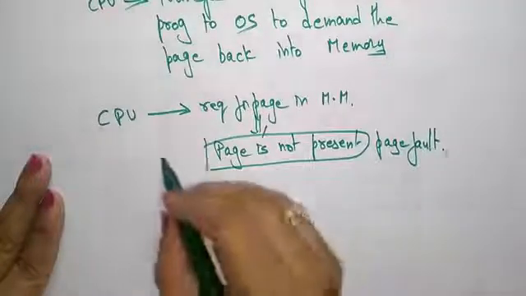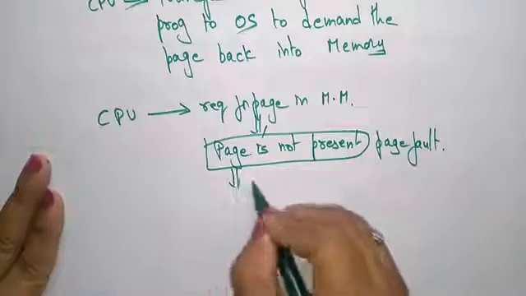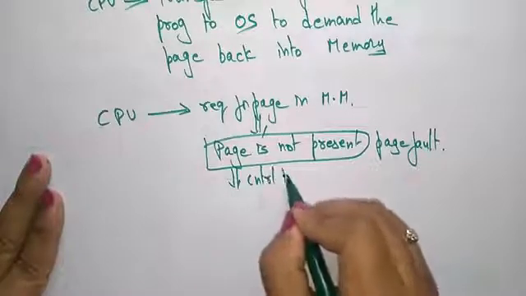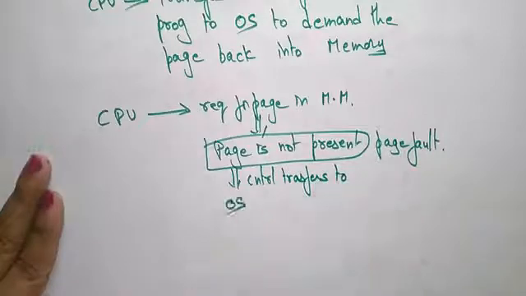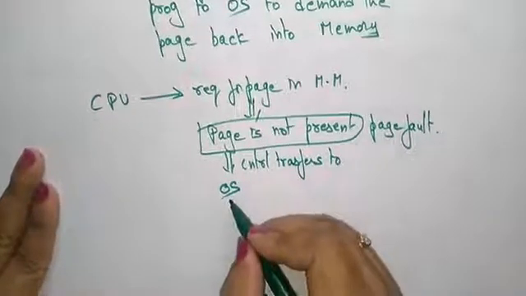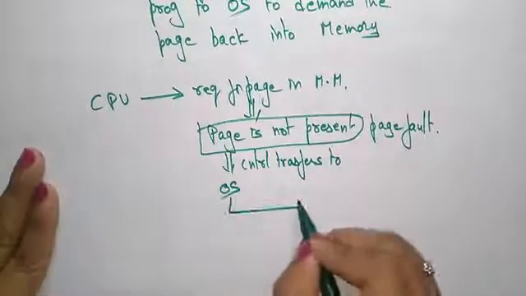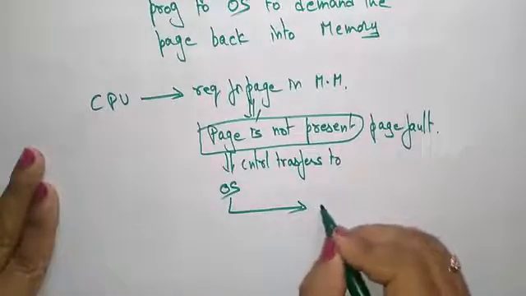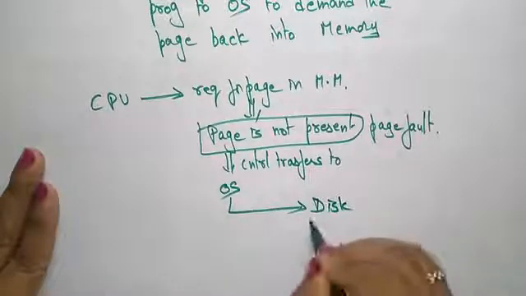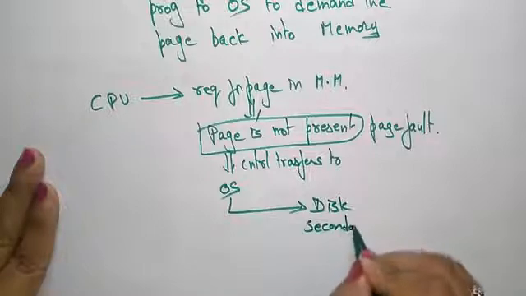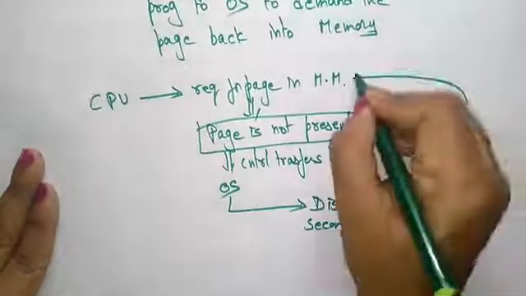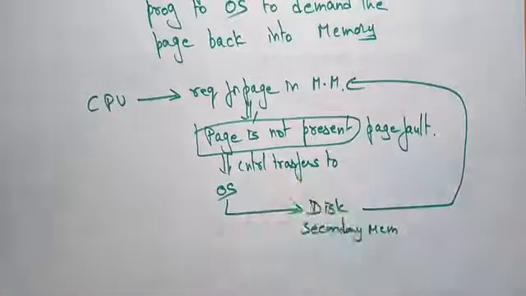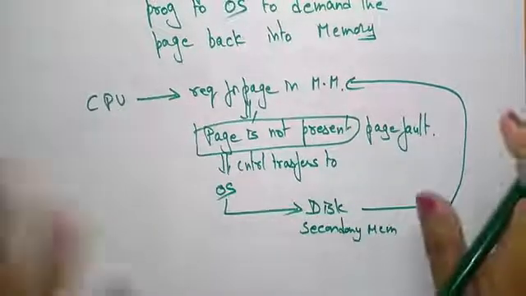Then the control transfers to the operating system. The operating system goes back to the disk, that is, the secondary memory, and again places that page into main memory. So this is the concept of page fault.